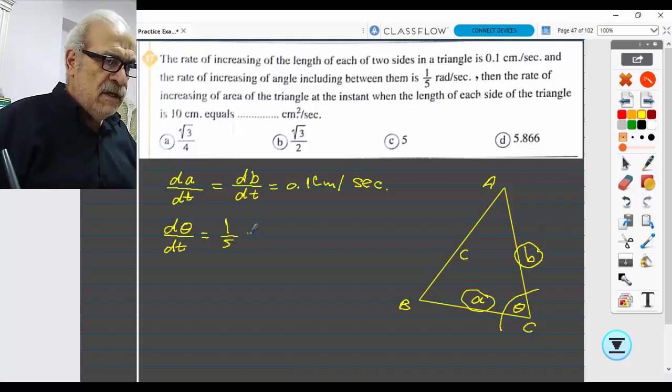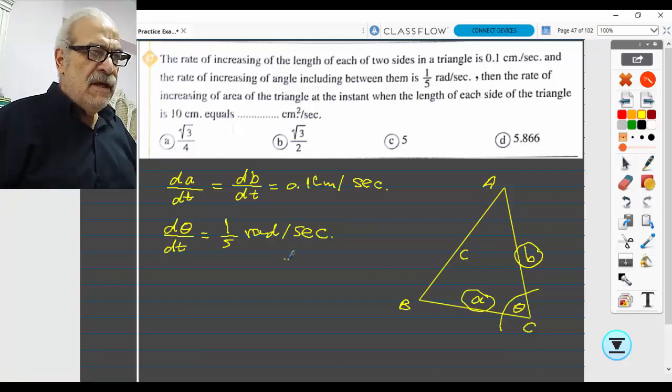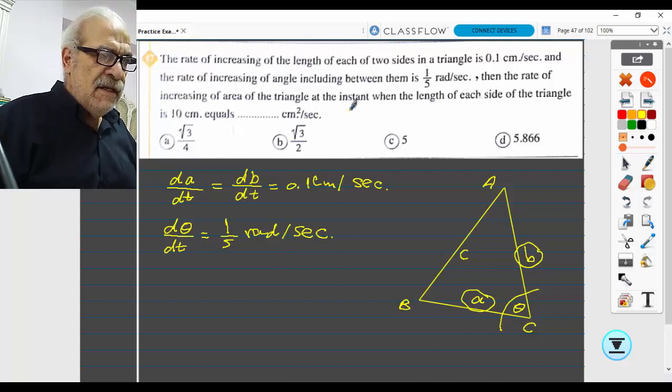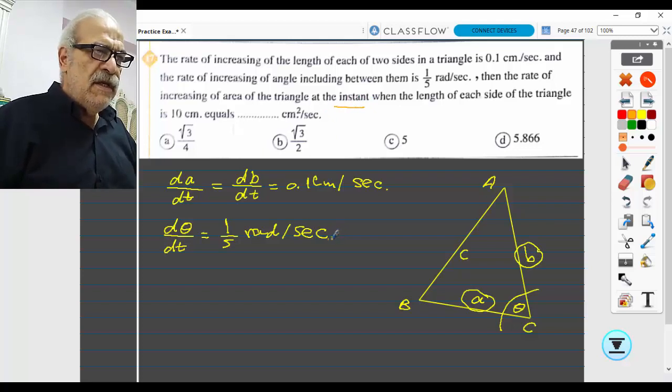Its unit is radian per second. Okay, then the rate of increasing of area of the triangle at the instant when the length of each side of the triangle is 10 centimeters equals.